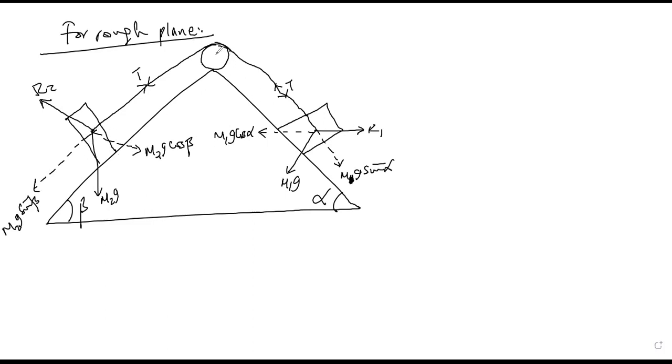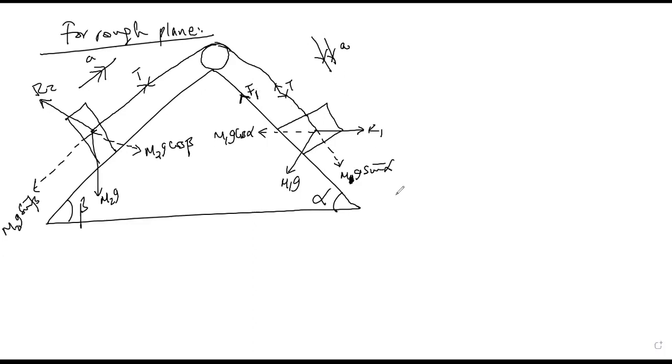Because it is accelerating, the direction is this way, and this one is accelerating this way. Remember, our m1 is still greater than m2. So if this is accelerating this way, then its frictional force, I'll call it F1, acts against that motion.